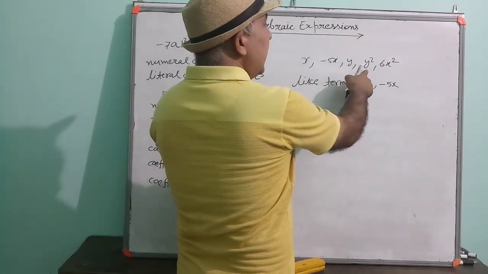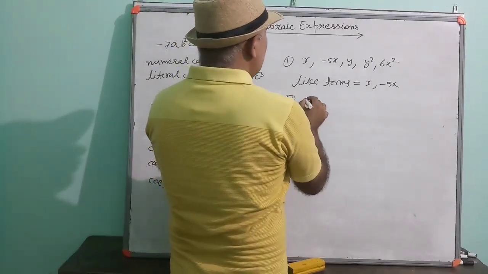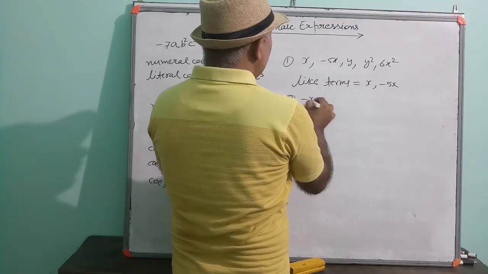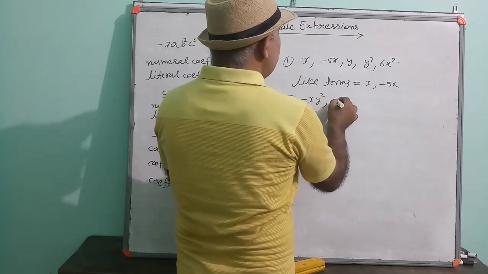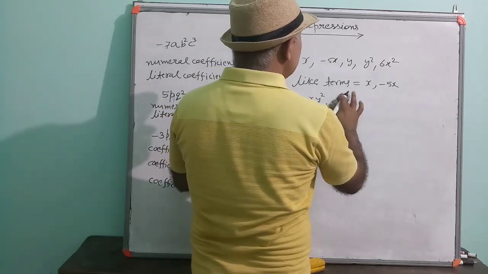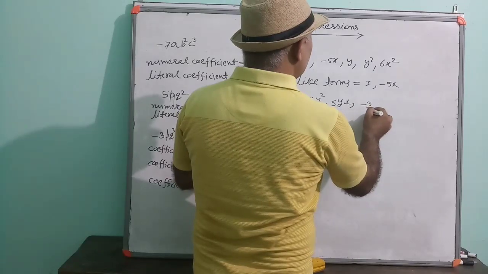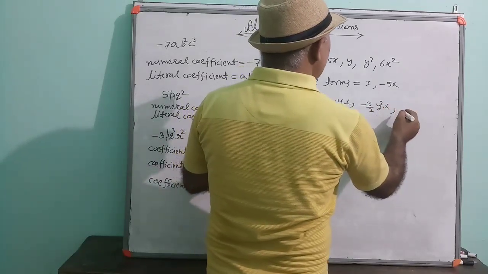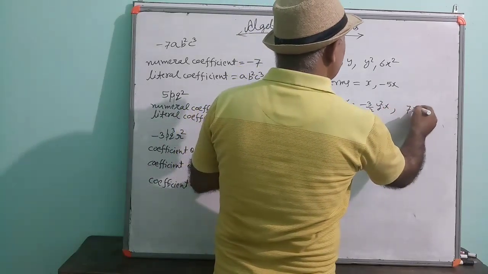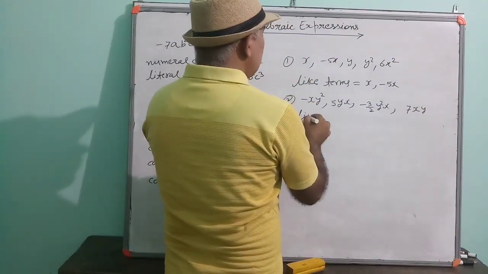Y and y square, so these are also different. See one more example. Suppose that minus xy square, 5y square x, 5yx, 3 by 2 y square x and 7 x y. What will be the like terms here?